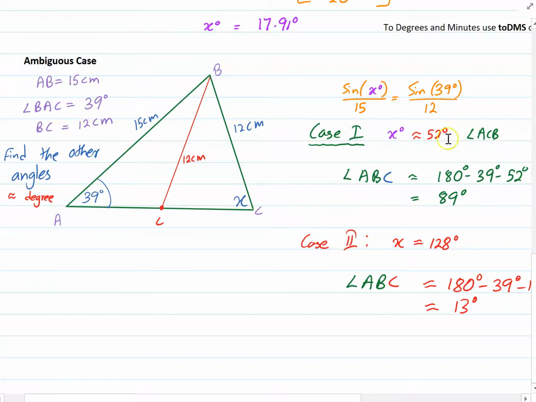In case number 2, you will find it is the supplementary angle. The other angle you come up with is basically 52 taken from 180. Just take 52 from 180.